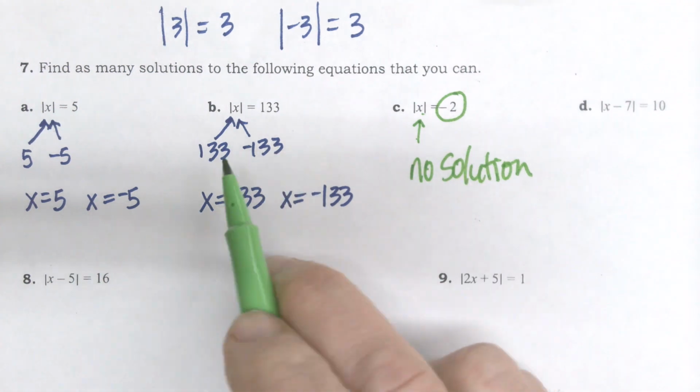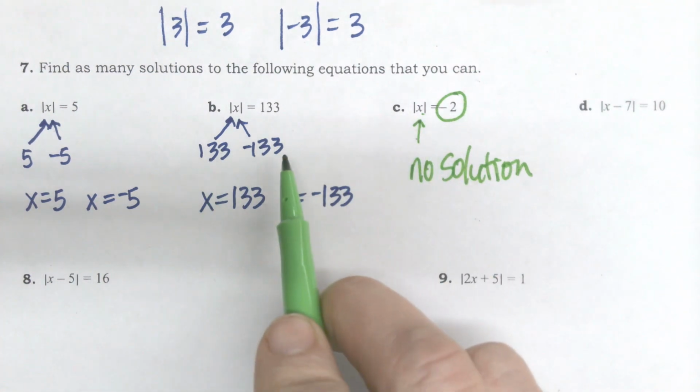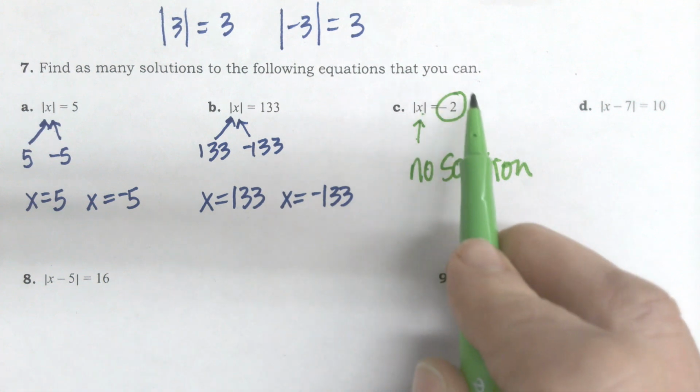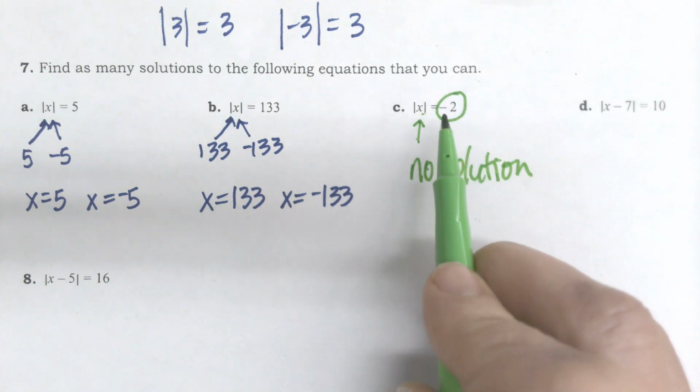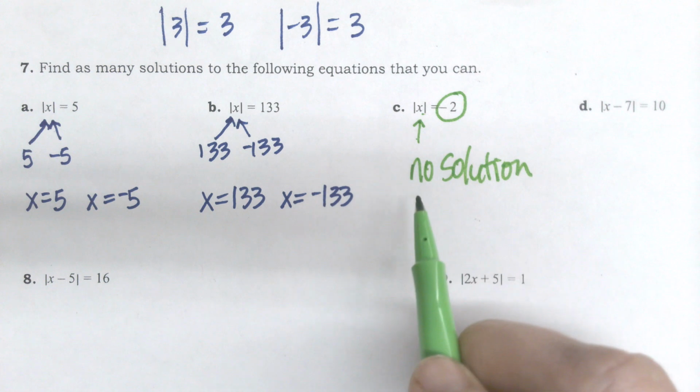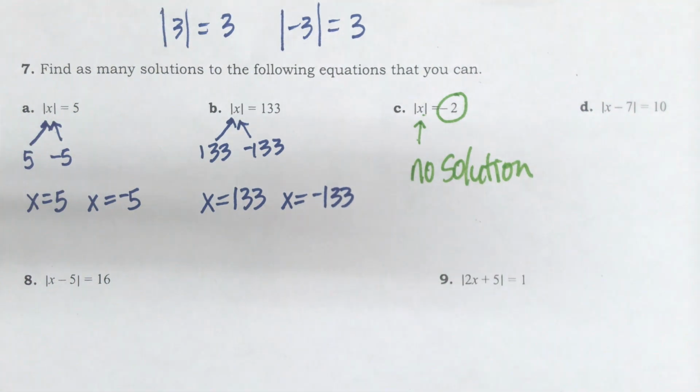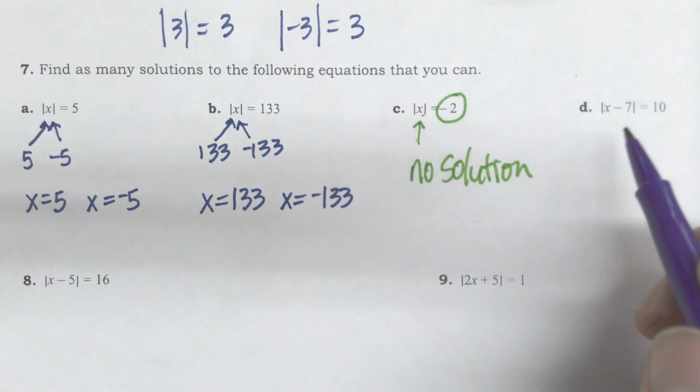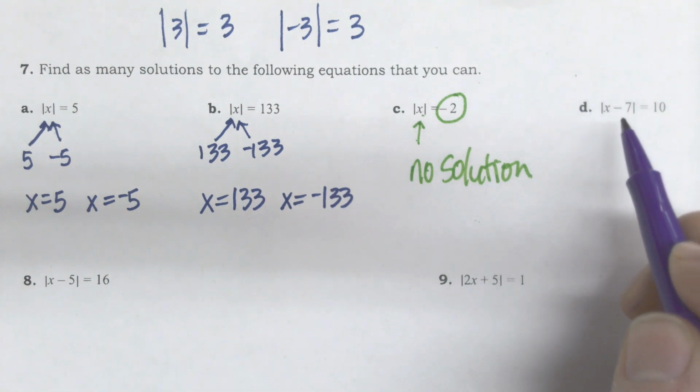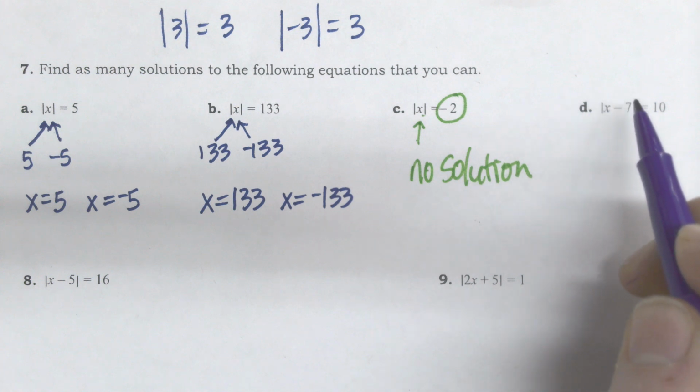Don't just be a machine. Don't think, okay, I just put -2 and then +2 down. If it comes out to be a negative value, an absolute value can never be a negative number, so I have a no solution situation. Now the other tricky thing is in D, where I have some activity going on inside of there.